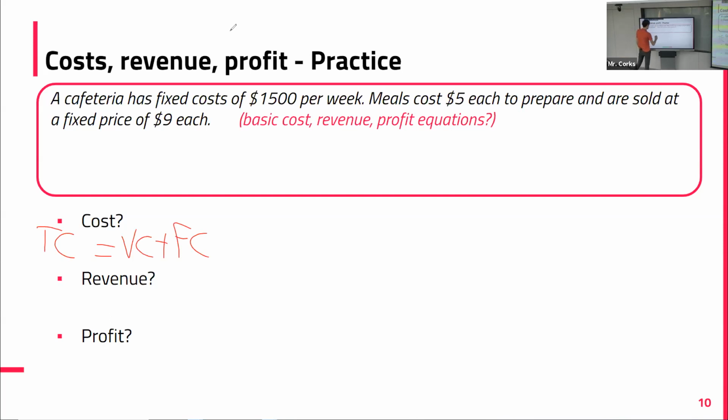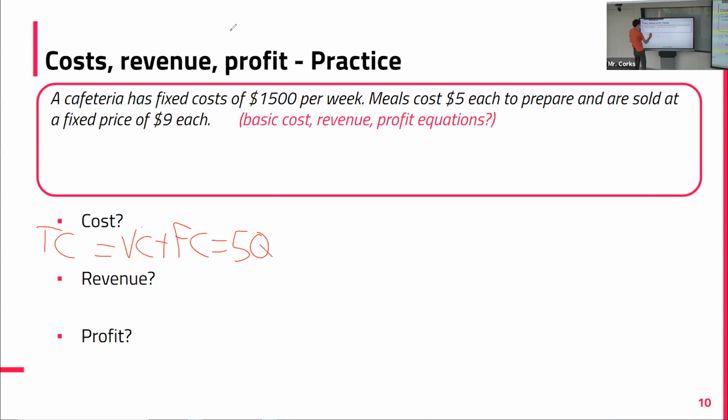And in this scenario here, what are the variable costs? 9? Just 9? 9 multiplied by 5? I don't think that's right. I think it's 5Q, isn't it? 5Q. Do we agree? Yeah.